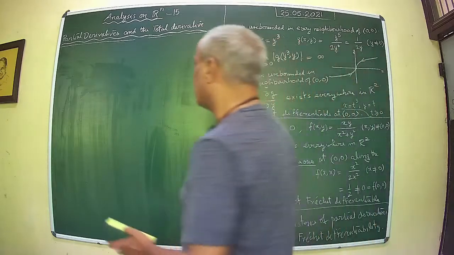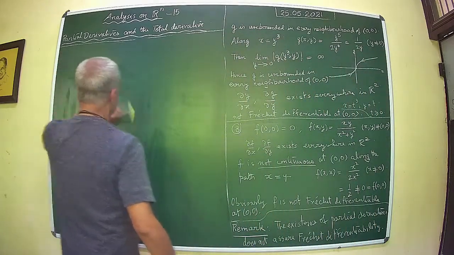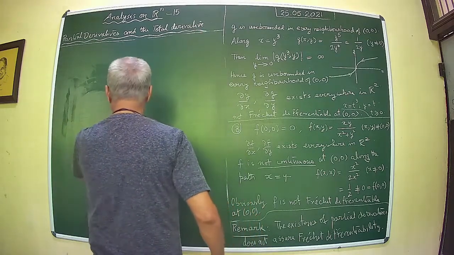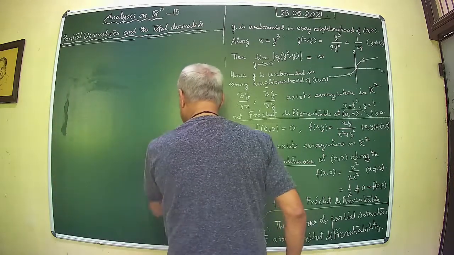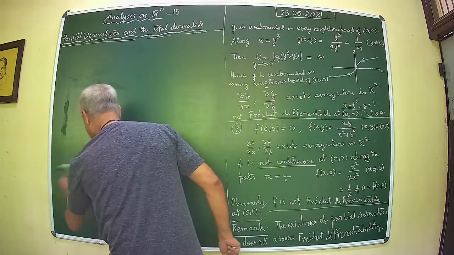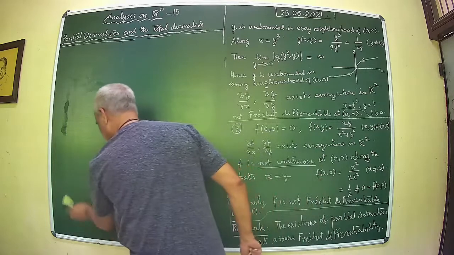So the natural question that one starts asking at this stage is, how are the total derivative or the Frechet derivative related to the partial derivative whenever both of them exist.